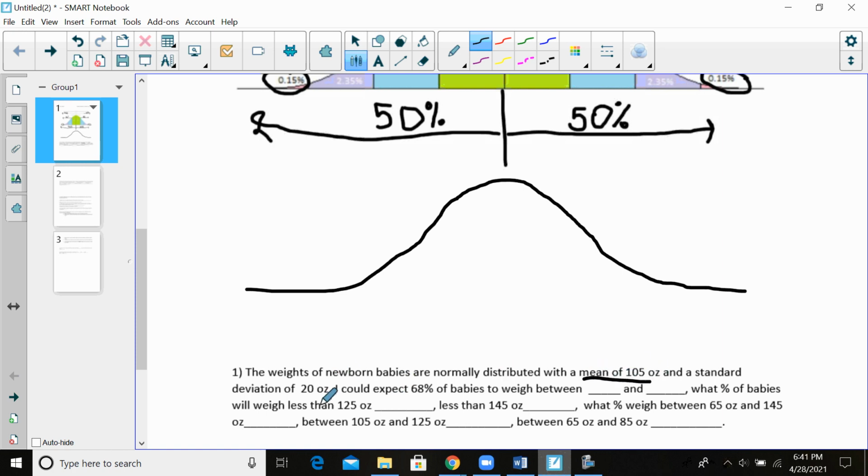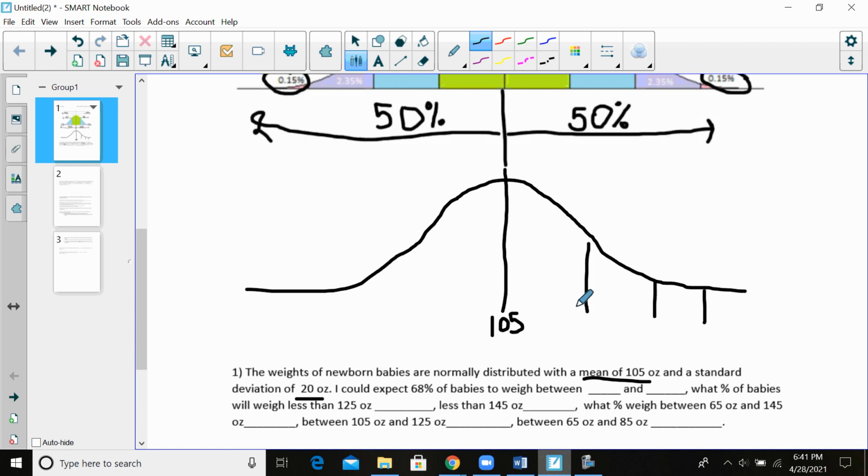Okay, so we're looking at weights of newborn babies, which is something that's normally distributed. So you always put your mean right in the center. And then you're given standard deviation. So that's how you mark your diagram off, right? By adding the standard deviation as you move to the right-hand side.